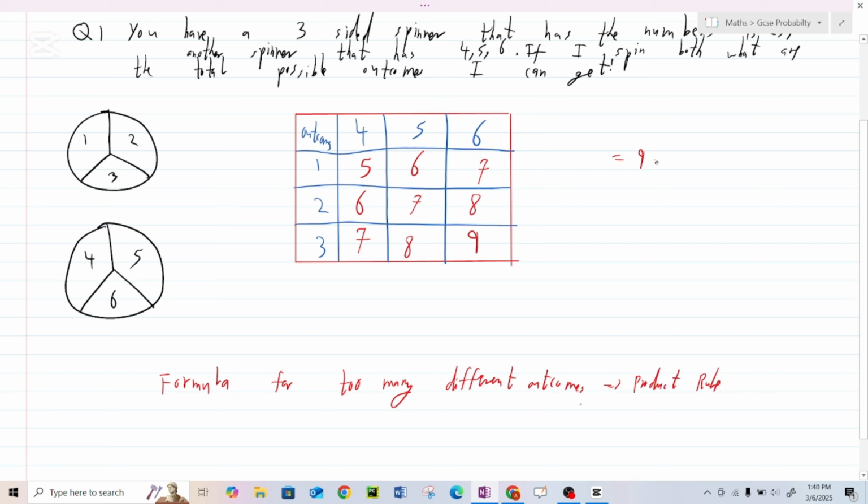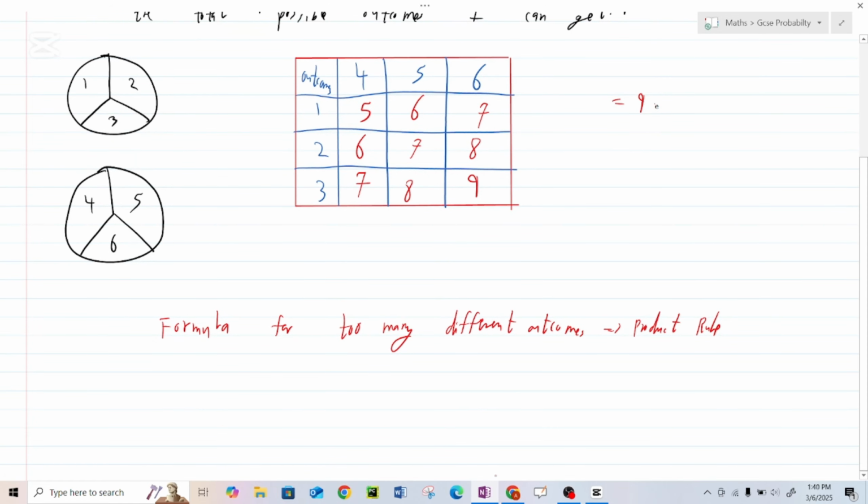What does that mean? For example, let's say you have 4 dice. Let's make 4 dice here. That's an example. We have 4 dice.